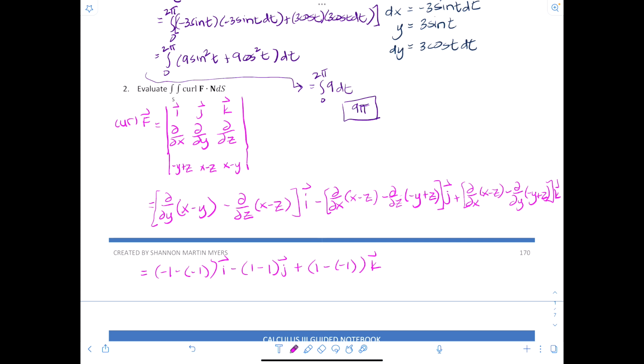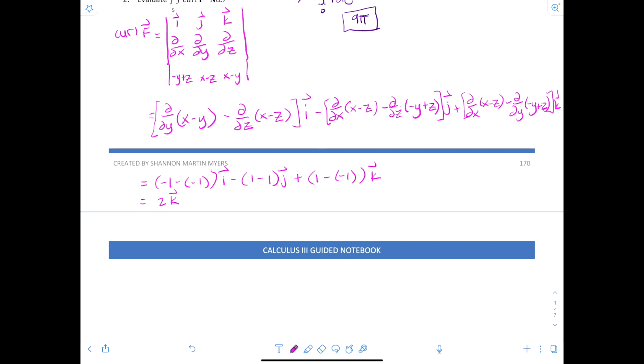And so, let's see, the first two zero out, so we just get 2 times k, and that's the curl of f. Good so far? All right, on to the next part.